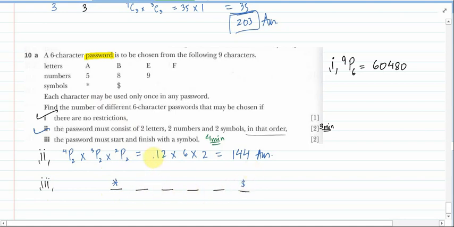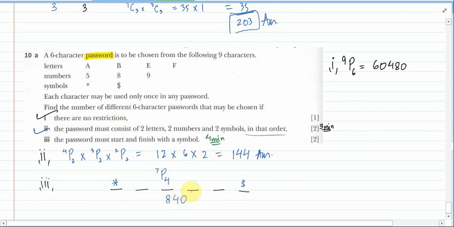And how many characters do we have for these 4 places? Out of 9, 2 are occupied, that means we are left with 7, and out of those 7 we need to select 4 of them. So it's 7P4, which gives you the value of 840. We have 2 cases, right?